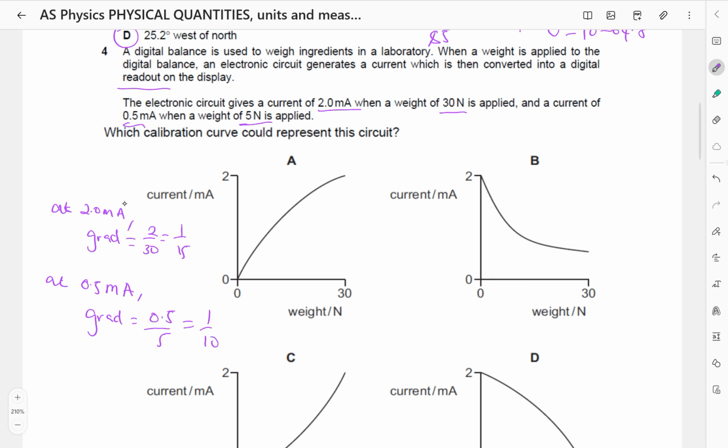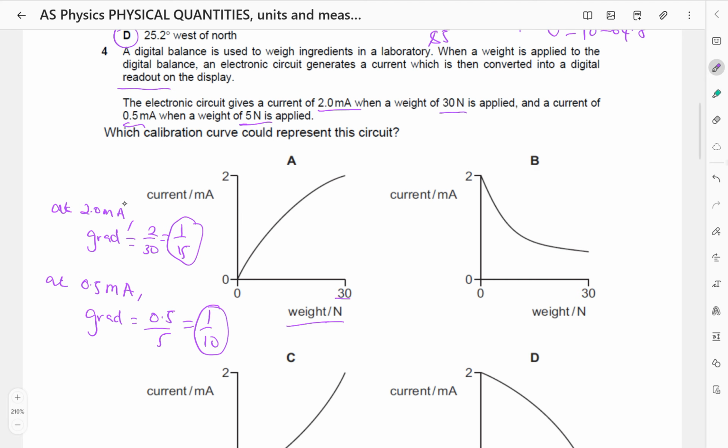And you notice that for large values of weight, the gradient is actually smaller. That means the gradient is decreasing. So the slope should decrease when the weight increases, because for smaller values of weight the gradient is 1 over 10, and 1 over 10 is bigger than 1 over 15. That means as the weight increases, the gradient of the graph decreases.